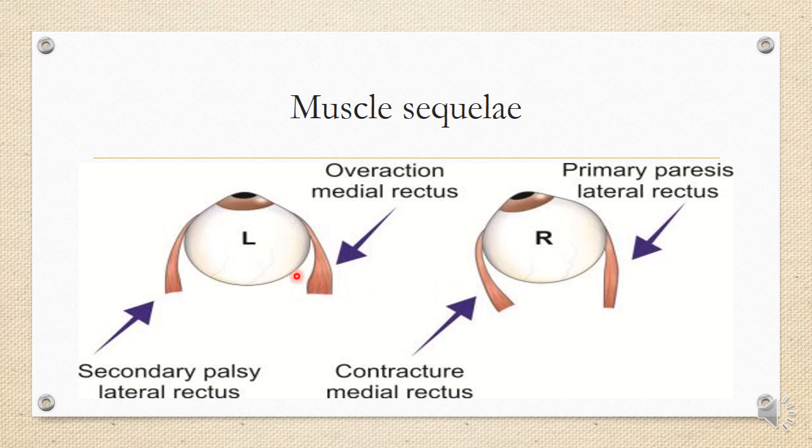Whenever you are looking to the left gaze, this and this muscle need to get the same amount of innervation, but for left gaze this eye is already in a convergent position, so it doesn't require further innervation. That leads to less innervation to this muscle, leading to a secondary palsy. This is how muscle sequelae happen. There is a secondary palsy of the other muscles also, and it is done with the same mechanism every time.